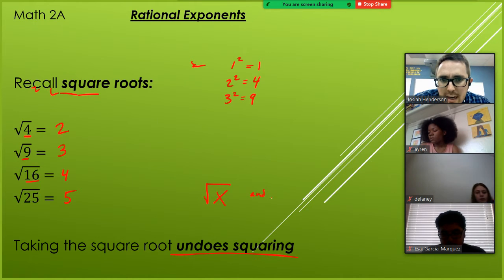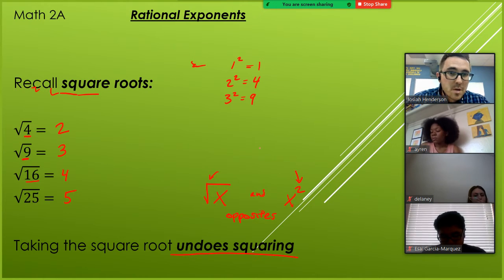So square root of x and x squared, these are opposites. Opposite operations, just like adding and subtracting are opposites. Just like multiplying and dividing are opposites, these two are opposites, squaring and square rooting. Any questions or comments right now, please? Okay.